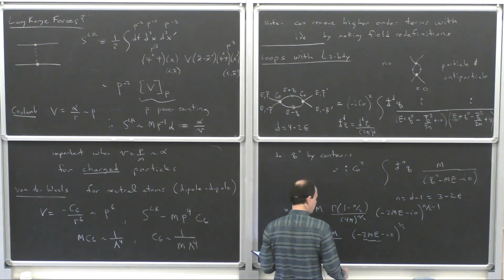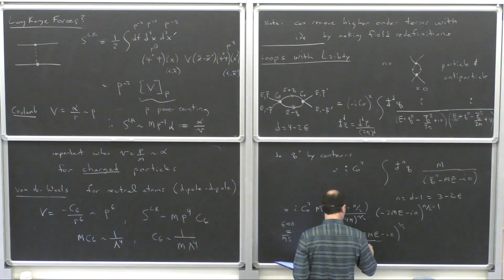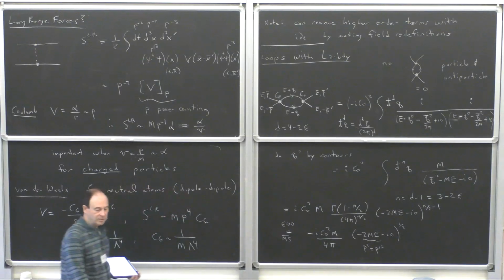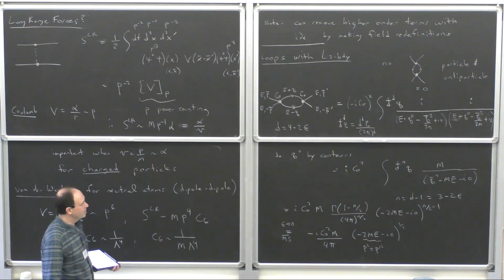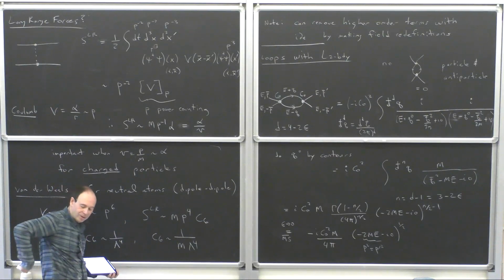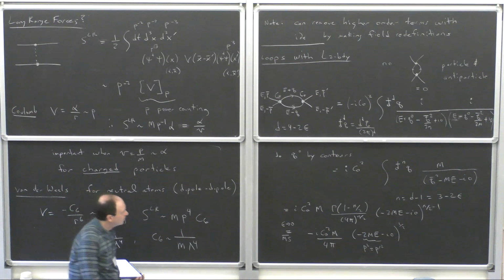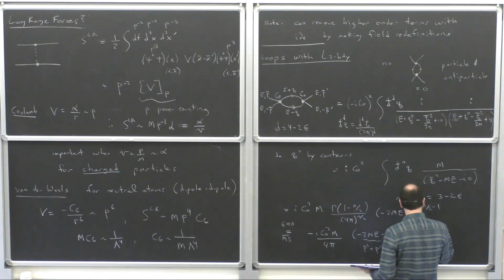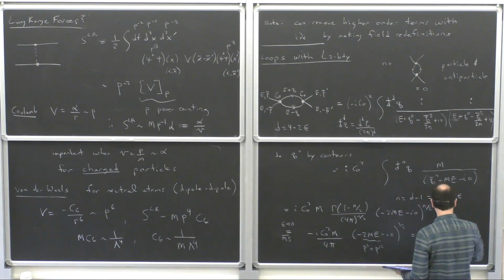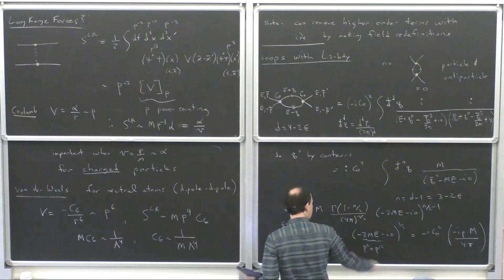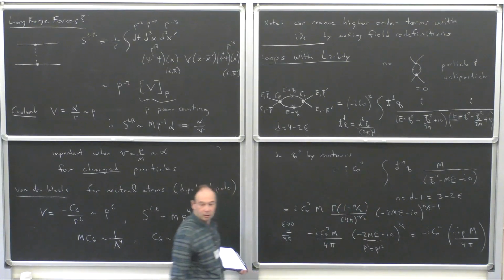E was p squared over 2m, so 2mE is just p squared. And p squared and p prime squared are the same. The magnitude's the same, the angle is different. So this is just a minus p squared minus i0 to a square root. That's like you're down below the contour, just below the cut. So it's minus i p. So this is minus i C0 squared, and then there's a minus i p, and then you can decide where you want to put the m over 4 pi, but let me put it there. So it's a very simple answer for this loop integral.